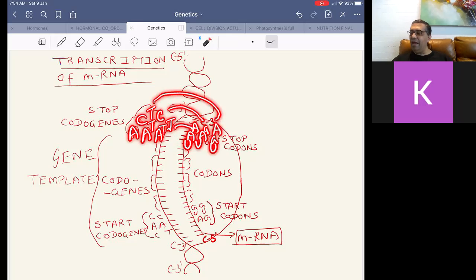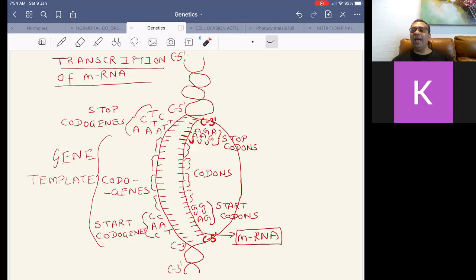Sorry, ATT for UAA, ATC for UAG, or ACT for UGA. And that is the way start codogenes and stop codogenes help in the process of transcription.